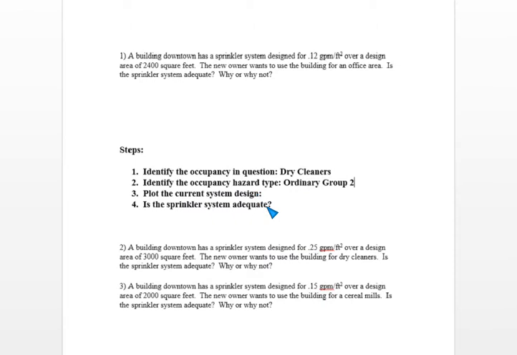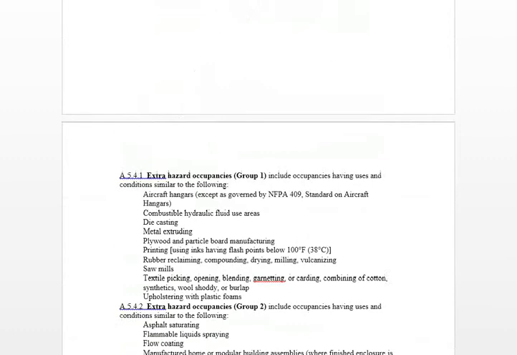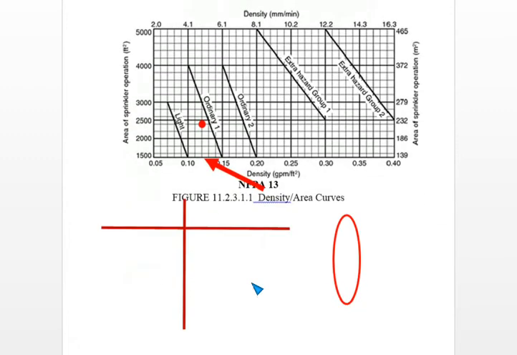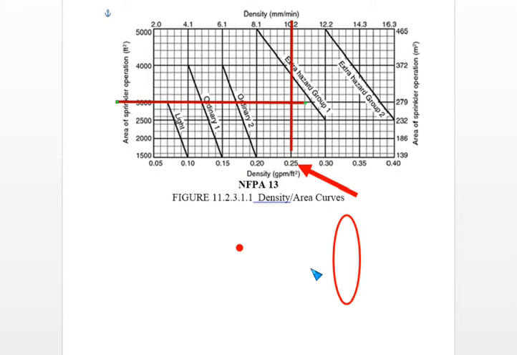So the current system design is going to be the 0.25 over 3,000. I'll come back down here to our chart. We said 0.25 is going to be here. So I'll throw my line in, 0.25 over the 3,000. So 3,000 is here.